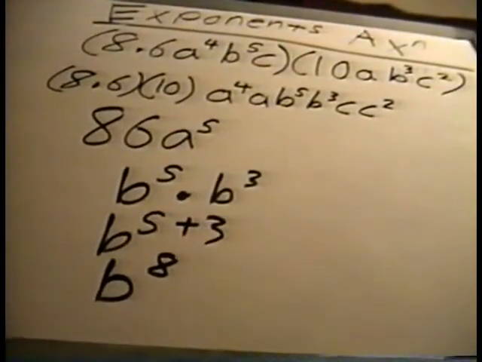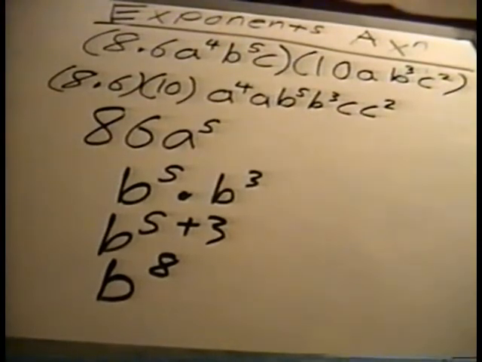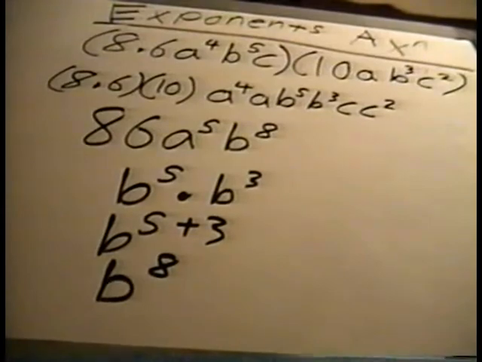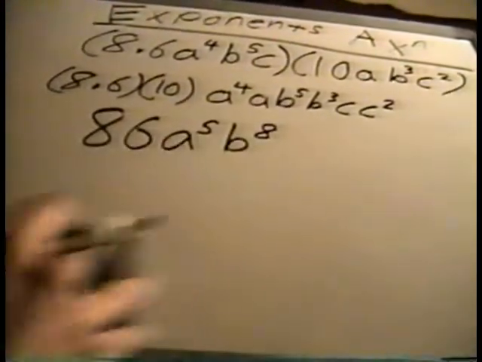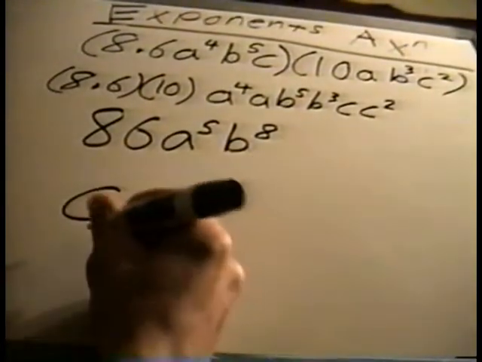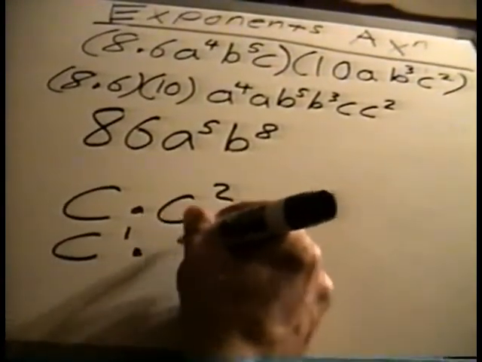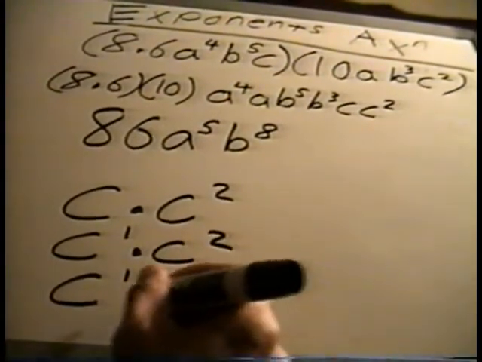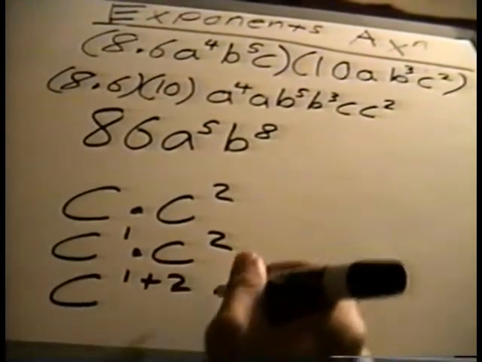Remember, you add the exponents. So in short, this becomes negative 12 x to the power of 5.